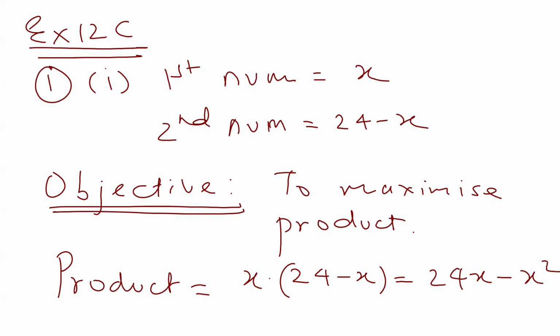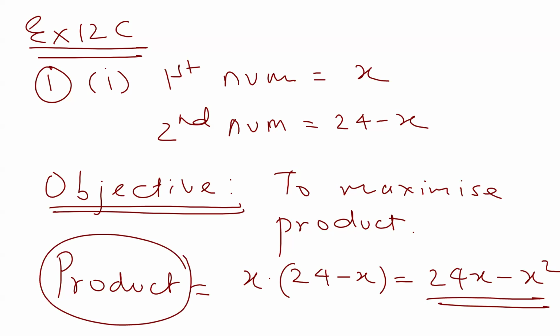So this part becomes f of x, because we have to maximize the product. Why f of x? Because x is there on the right hand side.